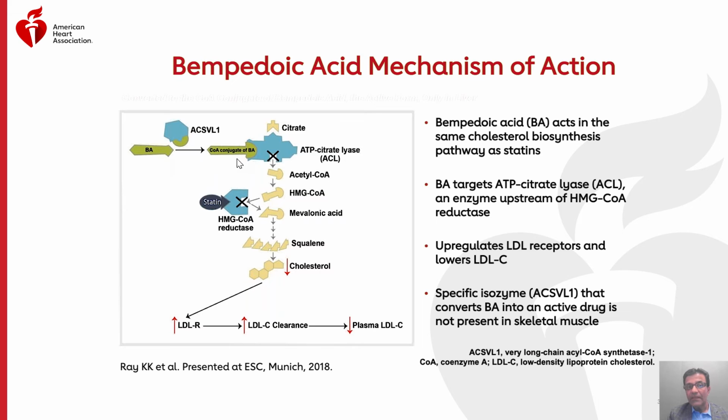It is activated in the liver by this enzyme called ACSVL1, which is only found in the liver. It is not found in the muscle. So this drug is a prodrug and can only be activated in the liver. So again, the claim to fame is that it does not give you as many side effects as statin therapy does. So this drug now is actually approved by FDA.